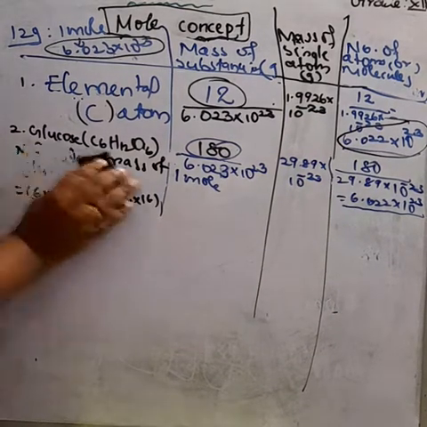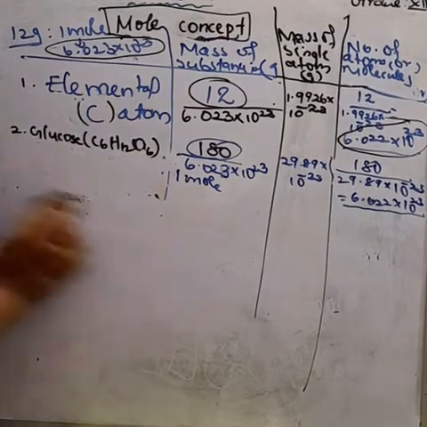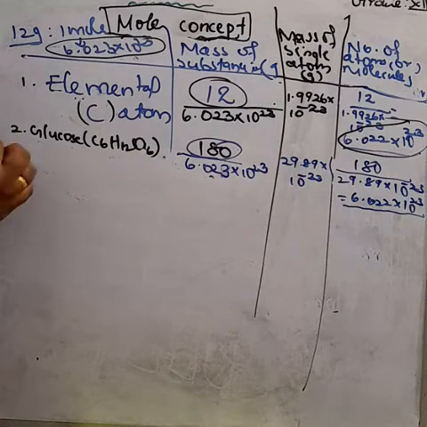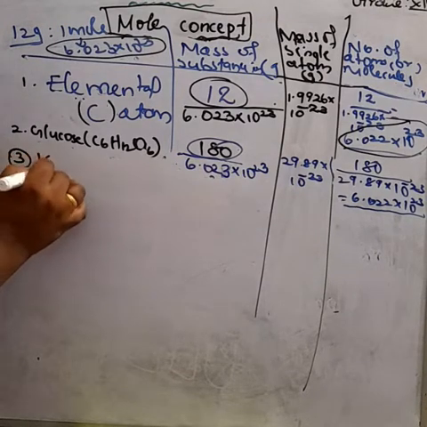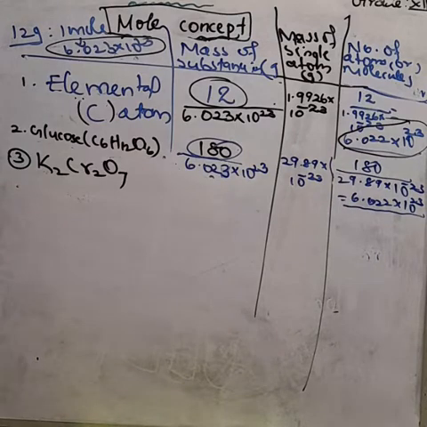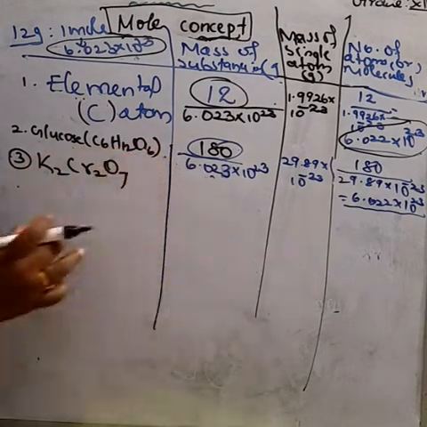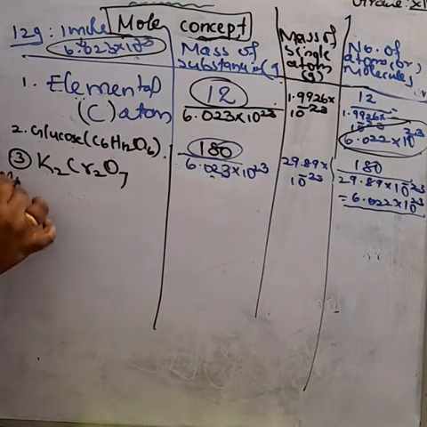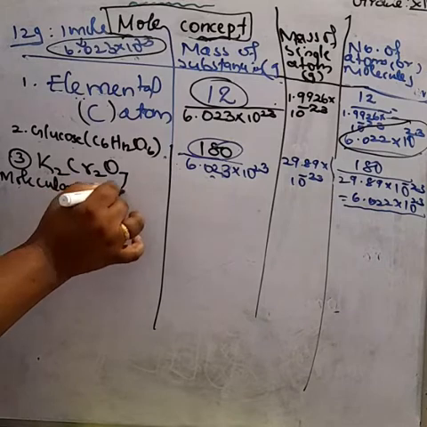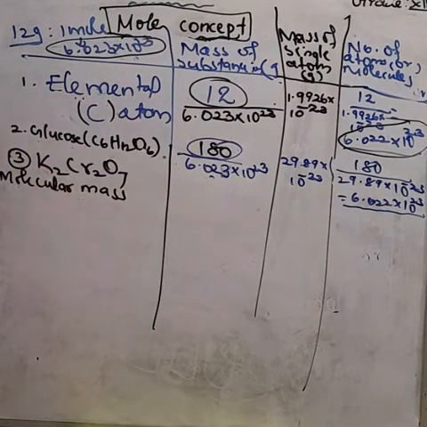Like that, potassium dichromate. You know potassium dichromate, what is the formula? K2Cr2O7, potassium dichromate. First of all, this is one of the molecules, so we should calculate the molecular mass of potassium dichromate.